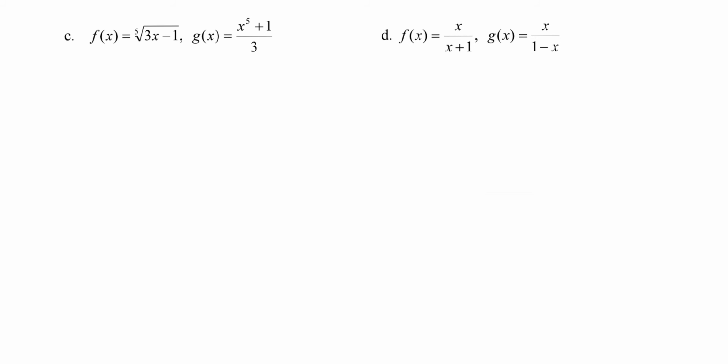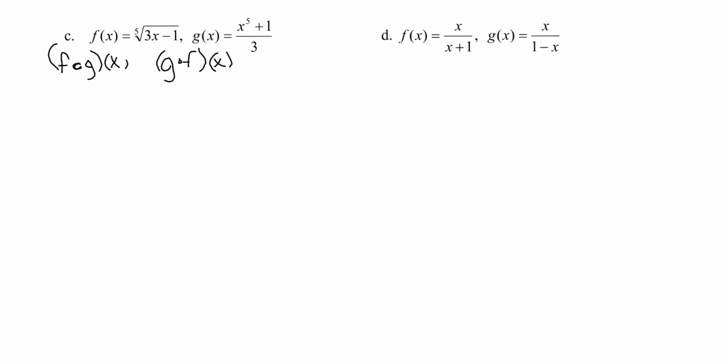Okay, so here we're going to see if these are inverses as well, or show that they are inverses. So we're going to start off again. I will do the composite of f composed with g of x, and then also g composed with f of x.